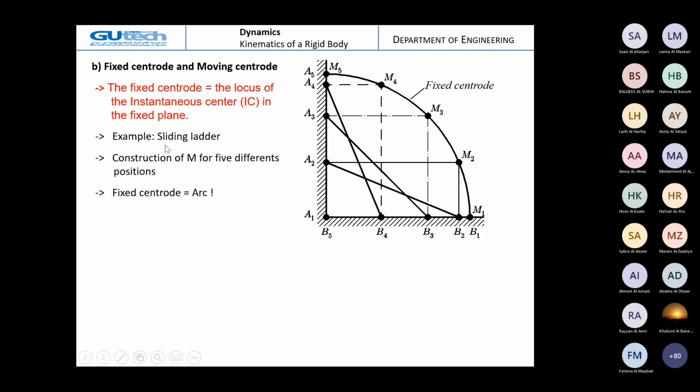Example here, sliding ladder. This is the previous example. Now the construction of M for 5 different positions. In this case, the fixed centroid is only an arc, a quarter of the circle.